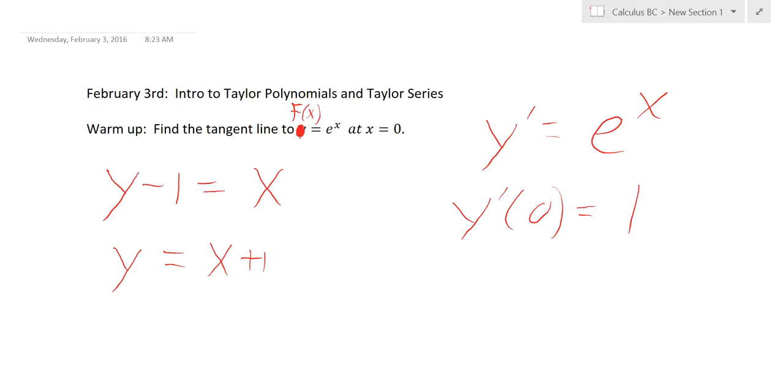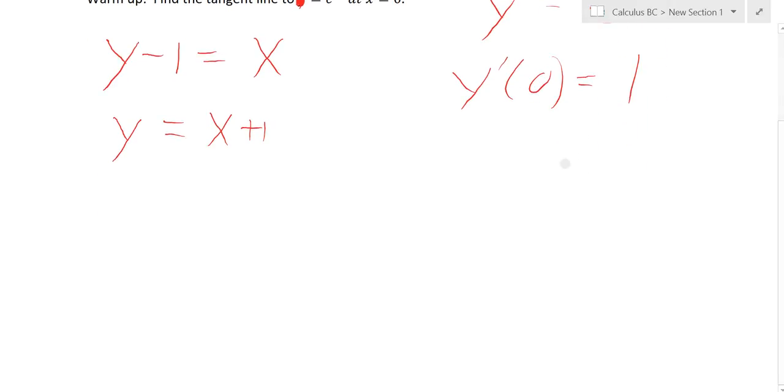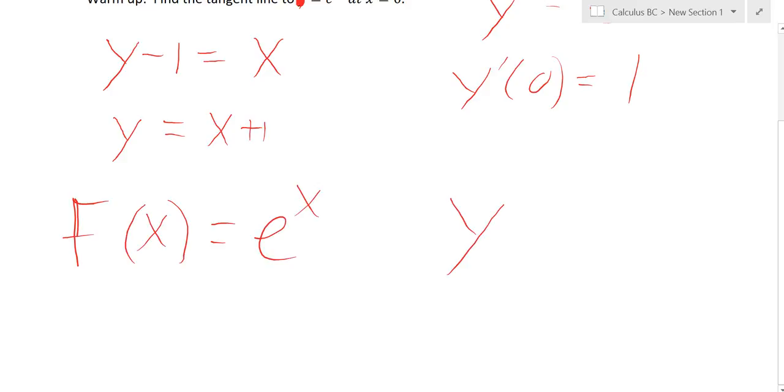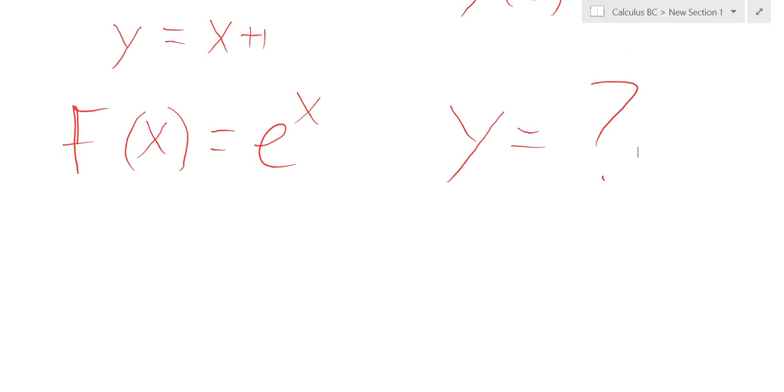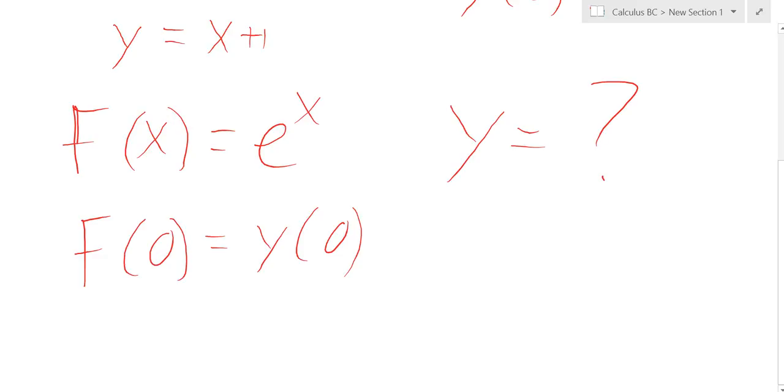So to do that, let's think about what a tangent line really is doing, okay? What we did was I gave you this function, f of x, which is e to the x. And I said I want a new function, which I'm calling y, and I want two things to be true. To find the tangent line, this is what we do all the time. We want f at the point we find it to be the same on both. So I wanted f of 0 to be the same as y of 0, which means they go through the same point.